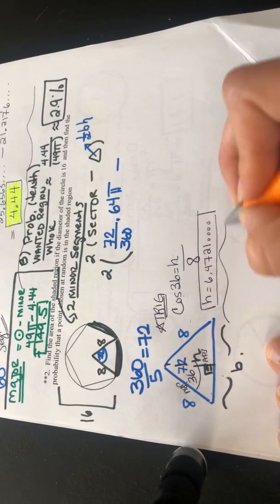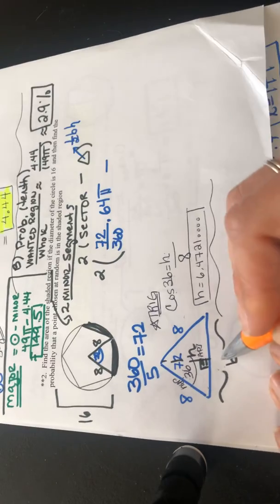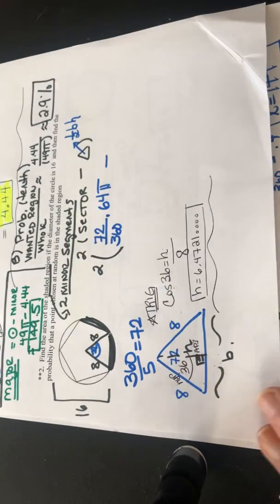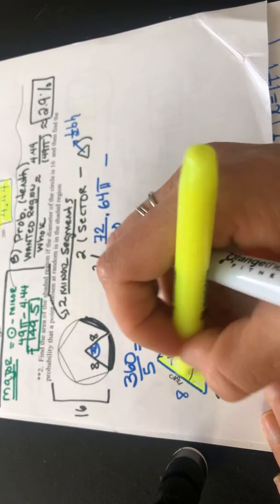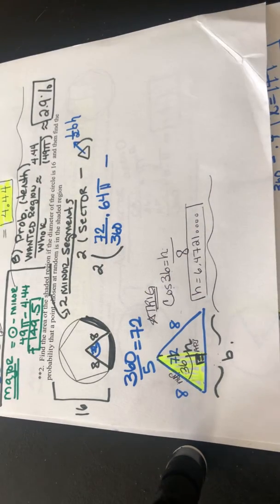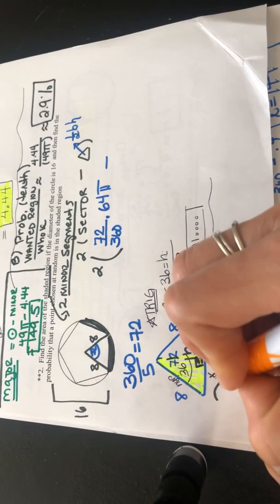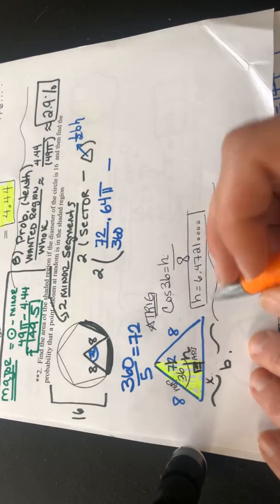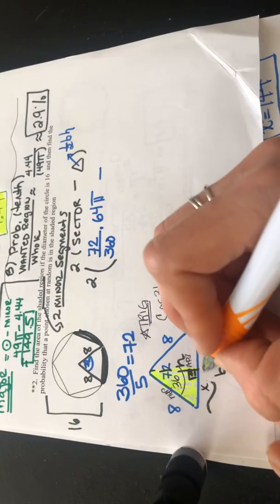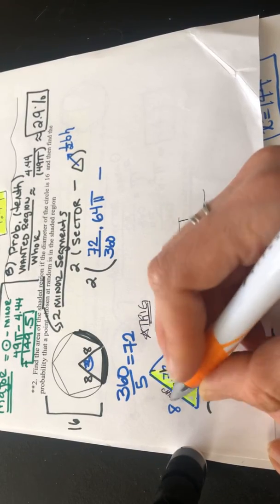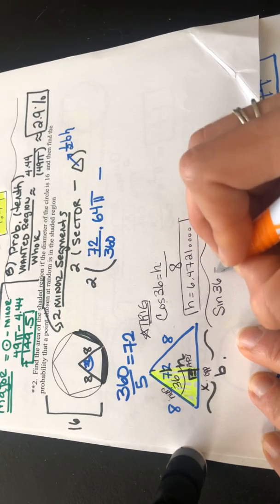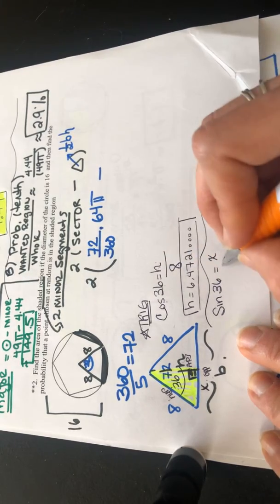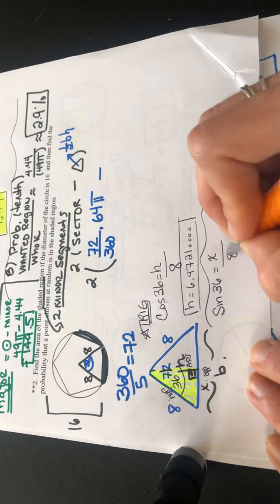Okay, so now I want to find my base. Well, to find the base, again, we can only work with one of these triangles. So I'm just going to put an X here, and then obviously whatever I find here, I have to double it. So if we're doing that, we now are doing opposite over hypotenuse, so sine. So sine of 36 equals opposite over hypotenuse.